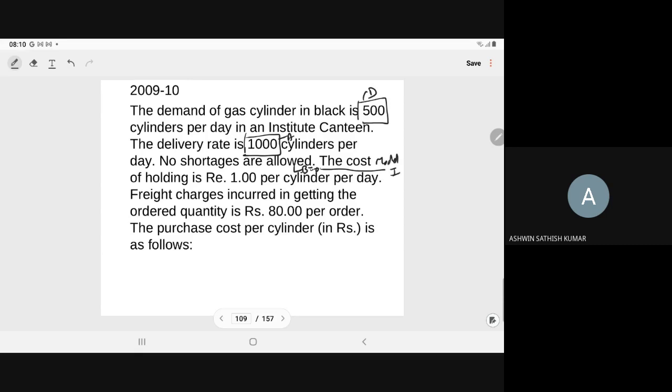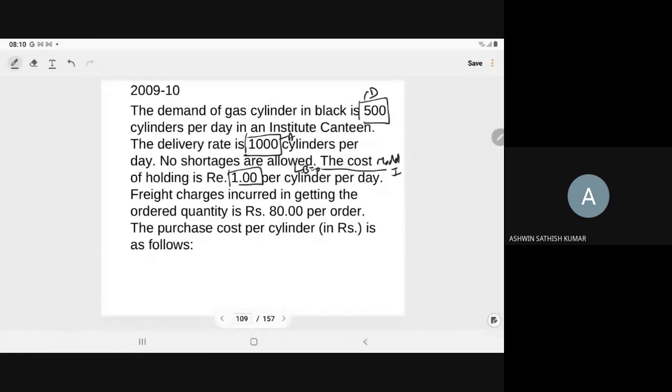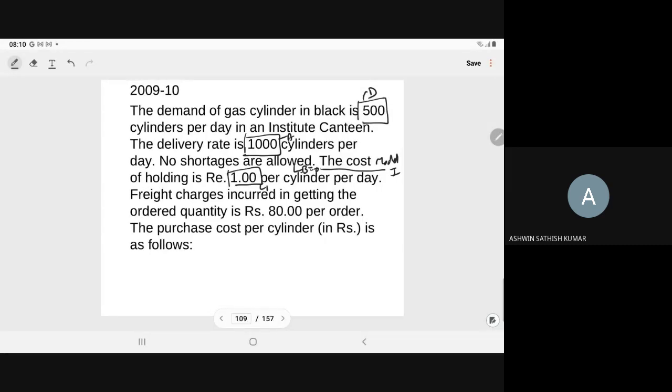The cost for holding is rupee 1, given to you as C1 per cylinder per day, and freight charges incurred in getting the ordered quantity is rupees 80. It is independent of the quantity, so we can say it is K. The purchase cost per cylinder is as follows.